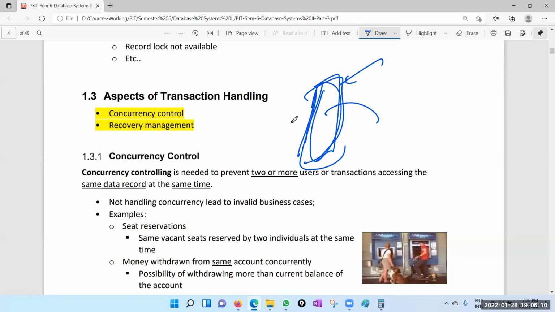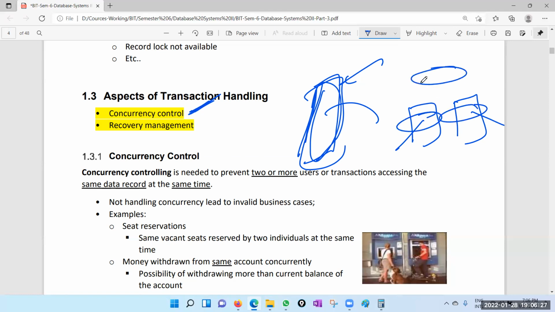Then there are complications we have to handle. That is called concurrency control. We don't mind two people withdrawing money from their respective accounts, that is not concurrency. But if two transactions involve the same record, that is concurrency handling. Those are really challenging, and we need locking mechanisms, etc.